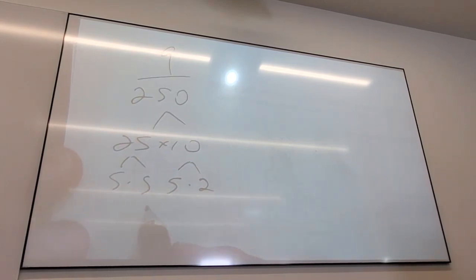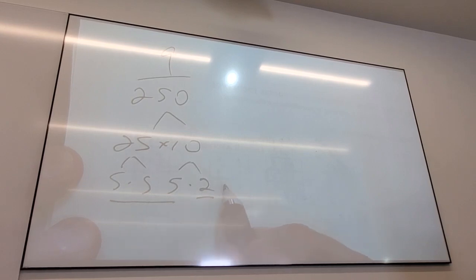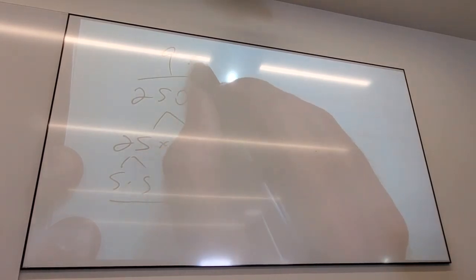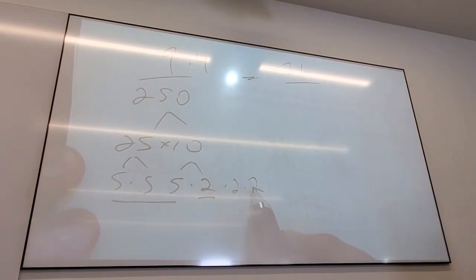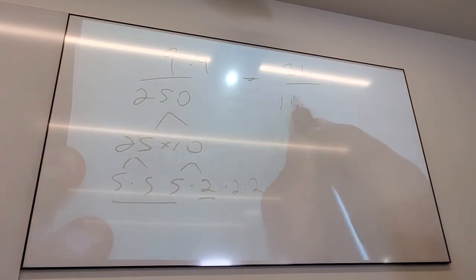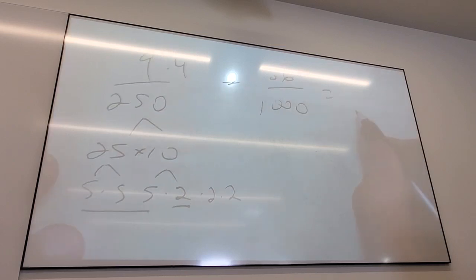So watch this. I have 3 5s and 1 2. How many more 2s do I need to make it a multiple of 10 only? I need 2 more 2s, yes? Isn't that 4? Isn't that 36 over 4 times this, which would be 1000?